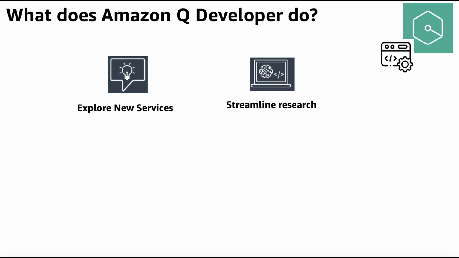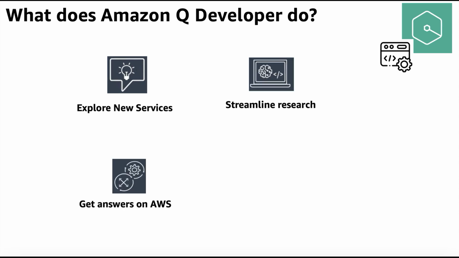Command line interface, CLI, completions, and natural language to bash translations are provided in the command line. You can ask questions about AWS or about your code to get quick and accurate answers. You can complete complex development tasks faster with Amazon Q Developer's guidance and ability to generate code.